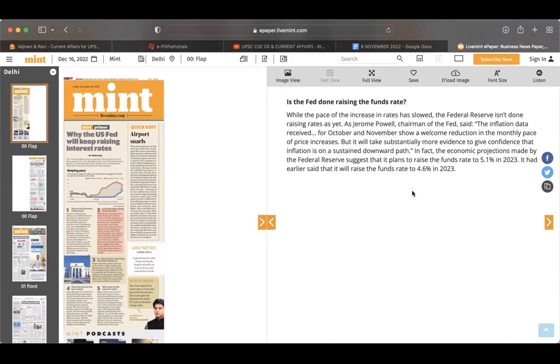Inflation is slowly moving down in the US economy, but it will take substantially more evidence to give confidence that inflation is on a sustained downward path. So we cannot celebrate yet just because inflation is cooling down. We need to have some patience and wait for the data for the coming period to verify it.